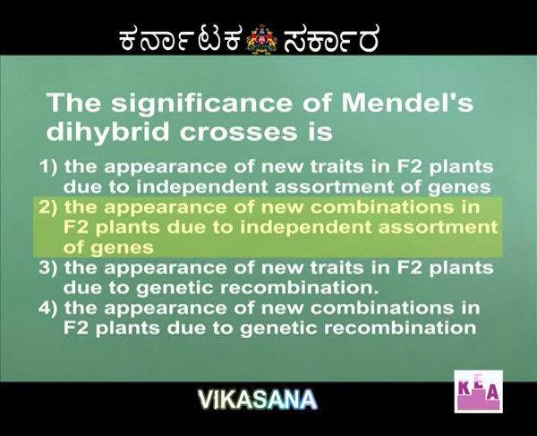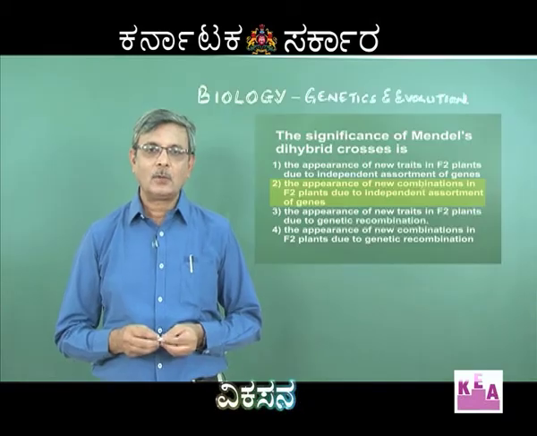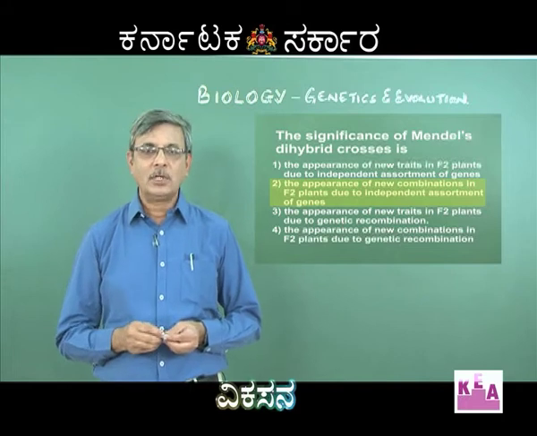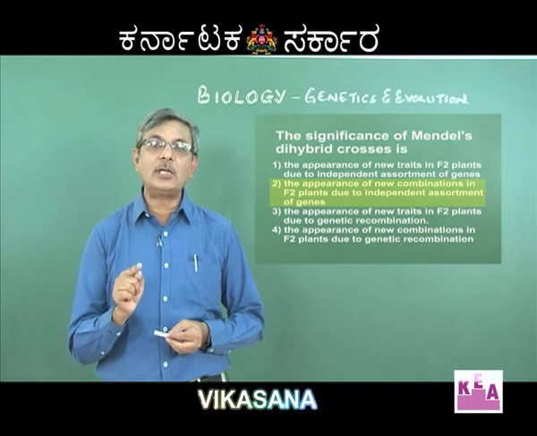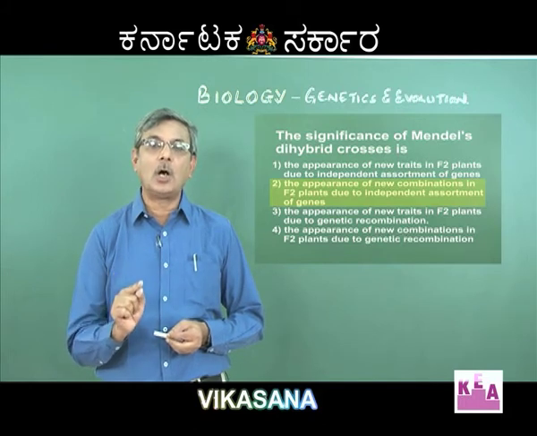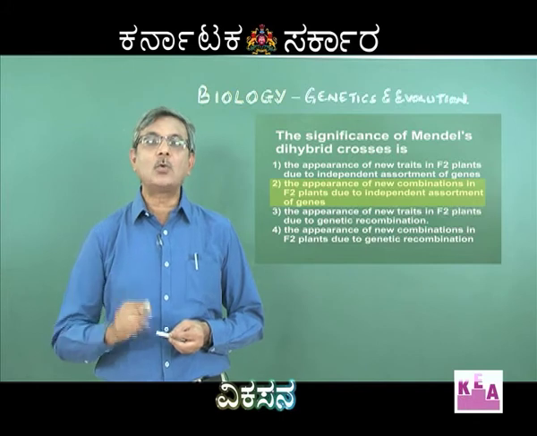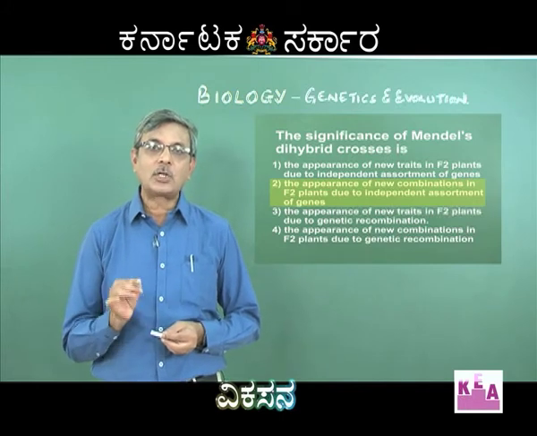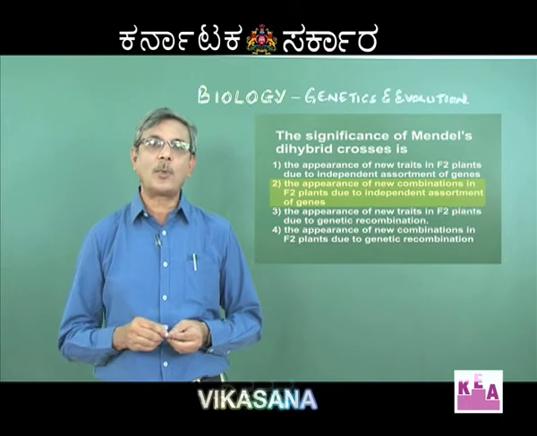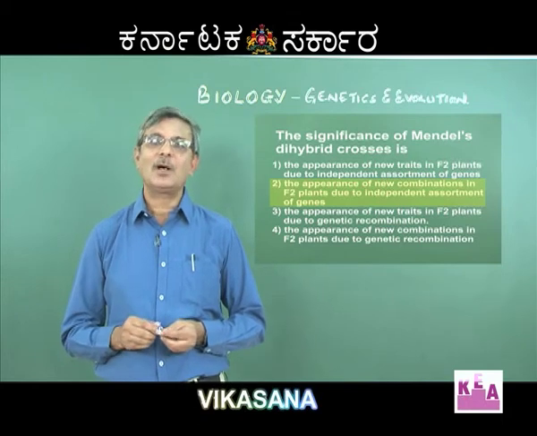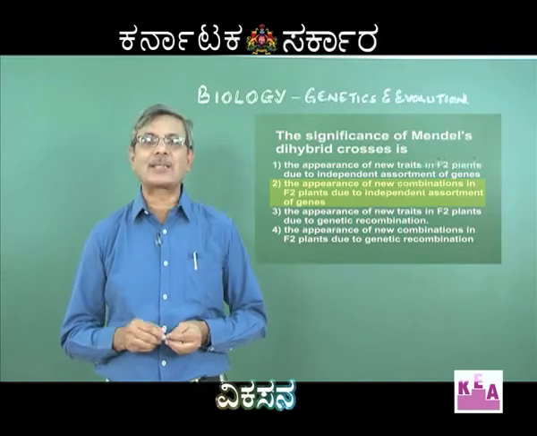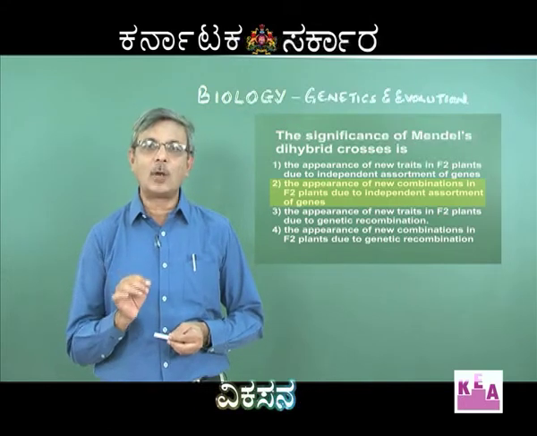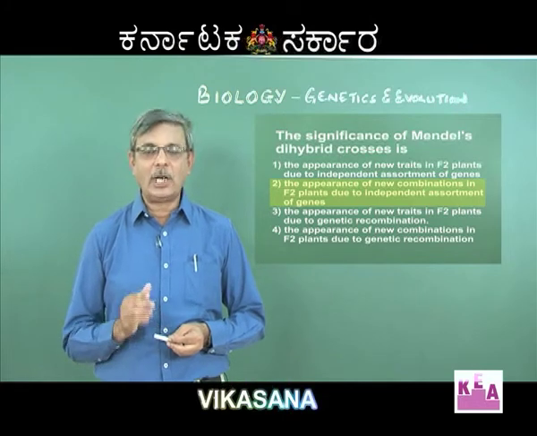Now remember, independent assortment is nothing but Mendelian recombination. What is this? Genetic recombination. Getting new combinations of genes is genetic recombination. It is a result of, remember, crossing over, where exchange of non-sister chromatids of homologous chromosomes occurs, that you have studied in first year PUC or 11th standard in the topic cell biology related to cell division.